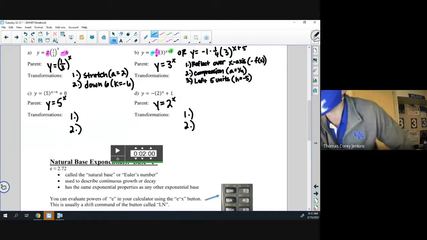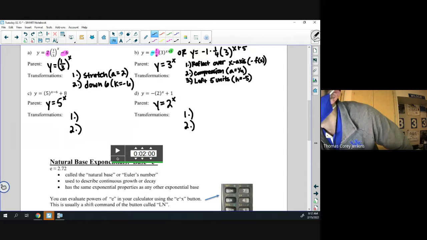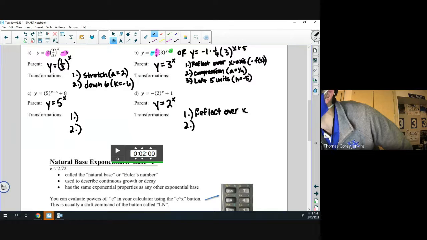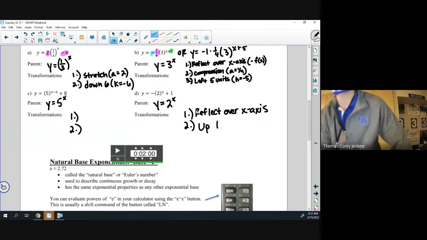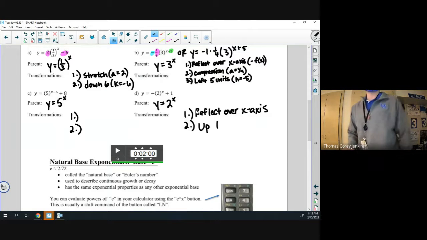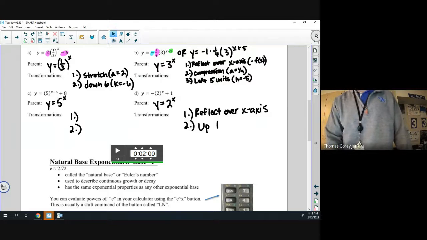Okay, so that was D. Reflect over the x-axis. That's correct, and up 1 is also correct. So those were our transformations on example D. Good job, Ms. Kraft.